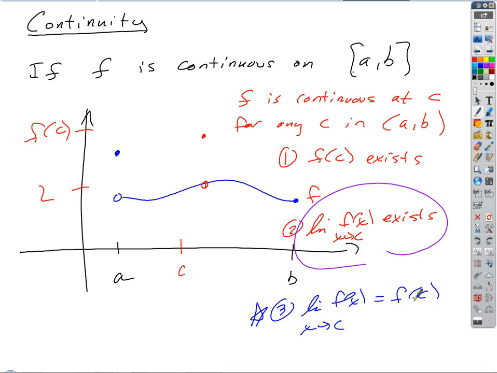So let's try a couple problems that sort of relate to this. Okay, I want to do one like this.